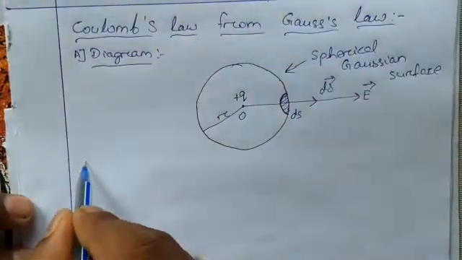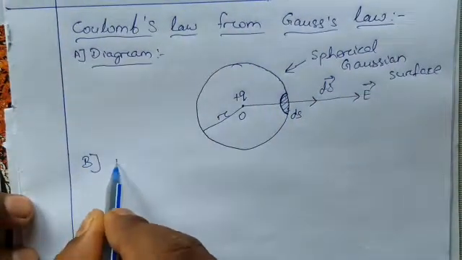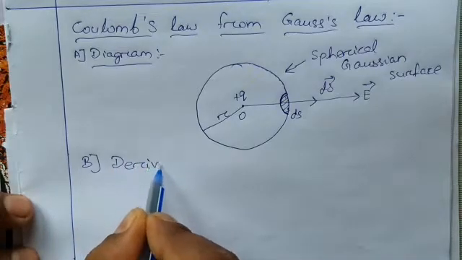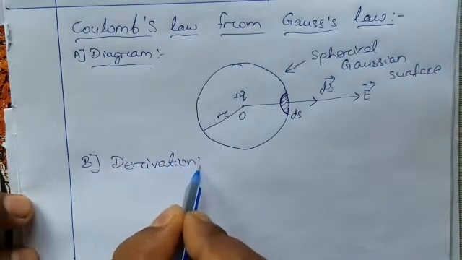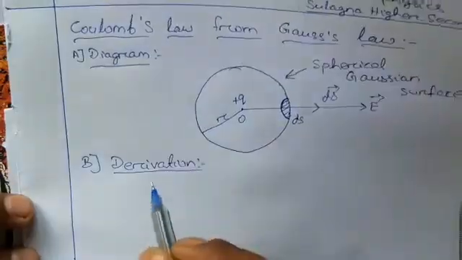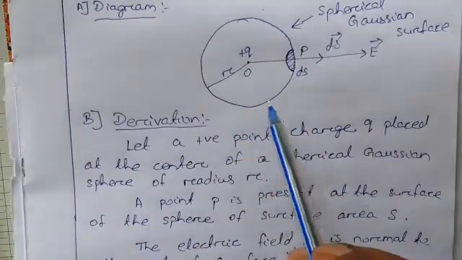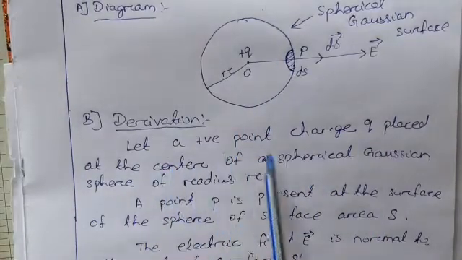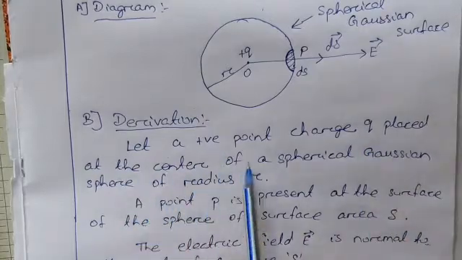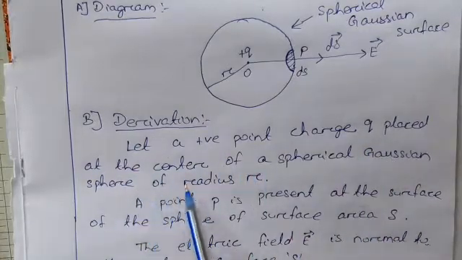Next we will go to the derivation part. So now we will describe the diagram. Let a positive point charge Q be placed at the center of the spherical Gaussian sphere of radius r.